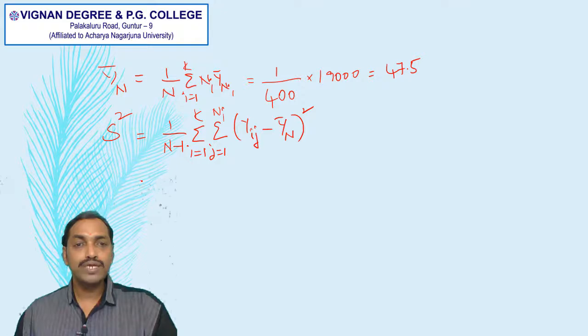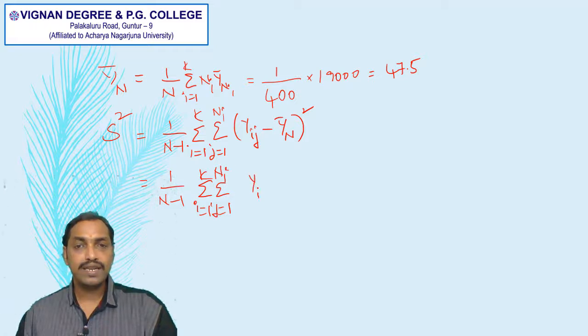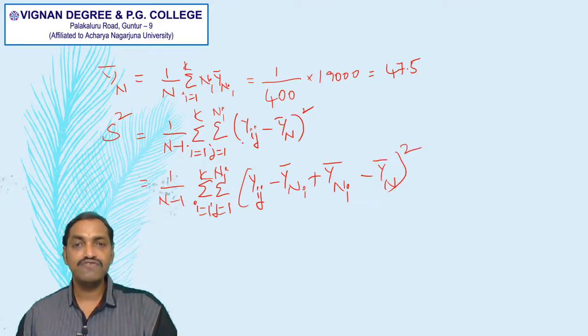Now we are going to simplify this formula by adding and subtracting capital Y N i bar to this Yij minus Y N bar. We are subtracting and adding the same quantity so that the value of Yij minus Y N bar whole square doesn't change.